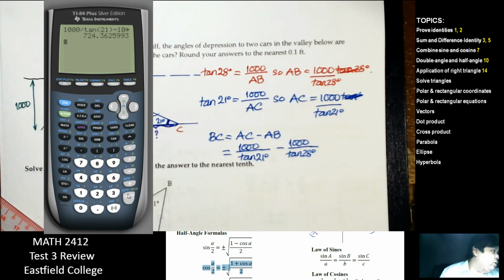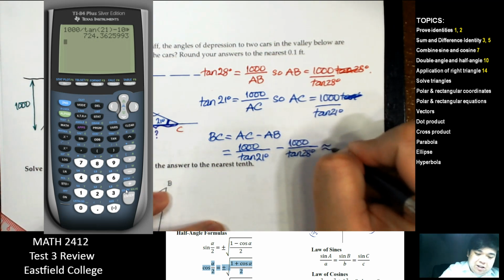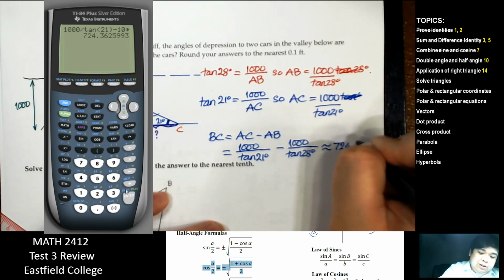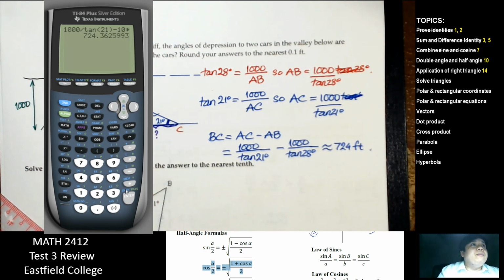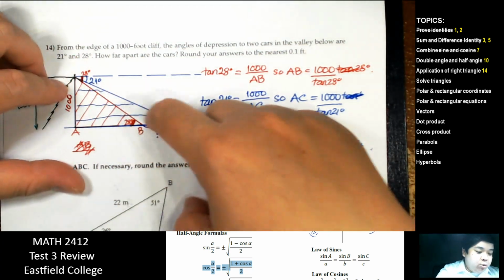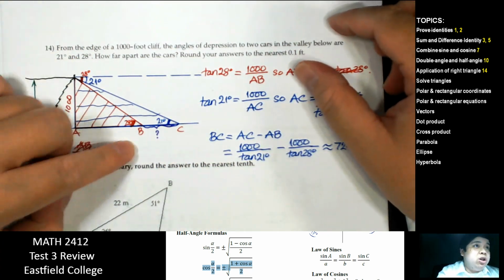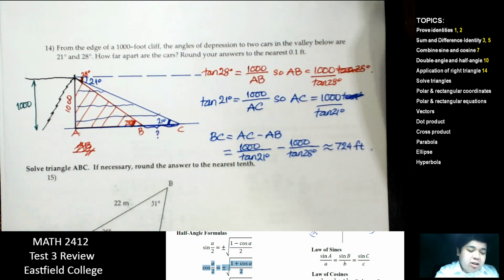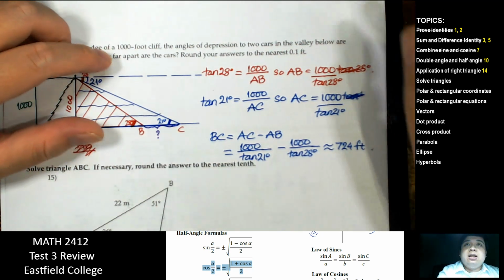So I have 724 feet, about that. Right. So we're going to have two right triangles, and we just do both of them, find the difference. So that will be that.